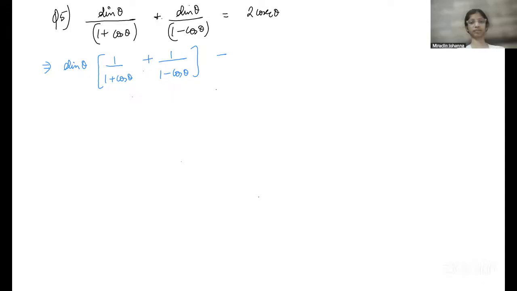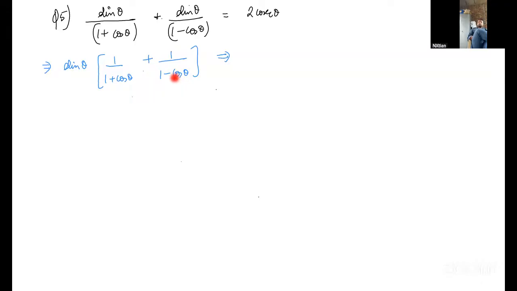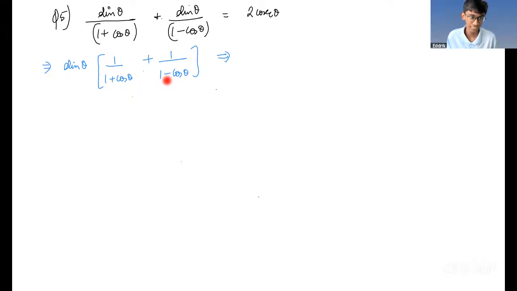Yes. Now I have to make the denominator same because the denominators are different. How will you make the denominator same? Tell me, Miracle. How will you make the denominator same? 1 multiplied by 1 minus cos theta.